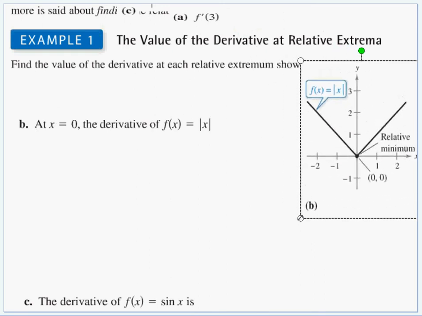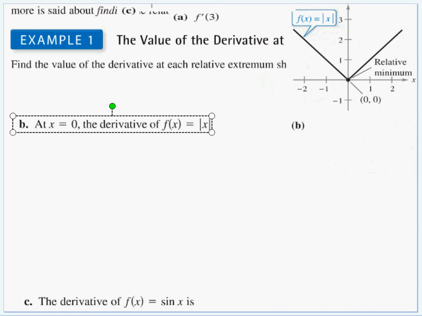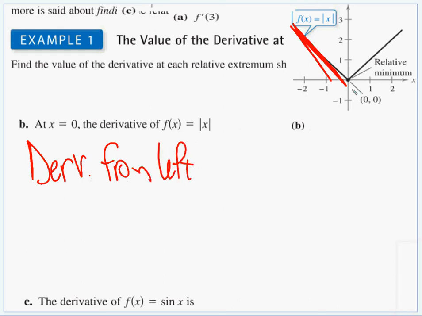Okay, now think back to when we were first doing derivatives. If we look at this one here, on the left side, the derivative from the left. So as we approach 0 from the left, what is the slope of this red line? Well, that slope equals negative 1.